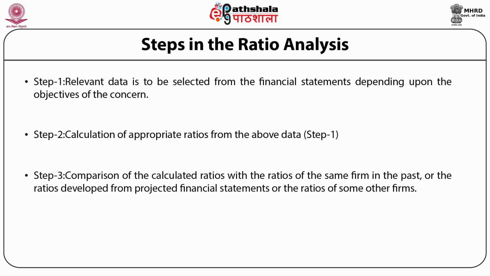Third step. Comparison of the calculated ratios with the ratios of the same firm in the past, or the ratios developed from projected financial statements, or the ratios of some other firms. Fourth step. Interpretation of the calculated ratios.